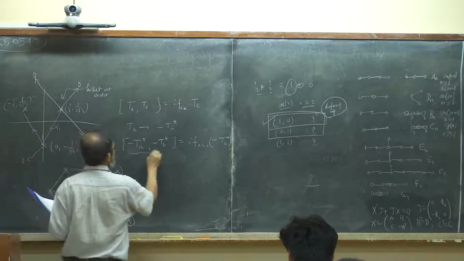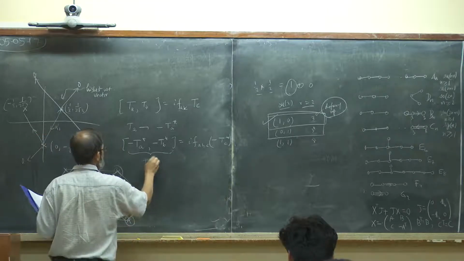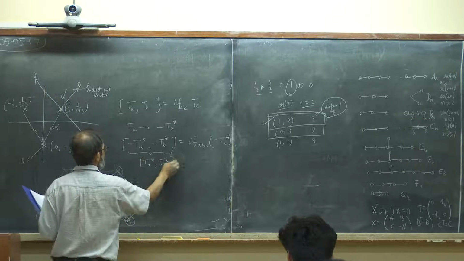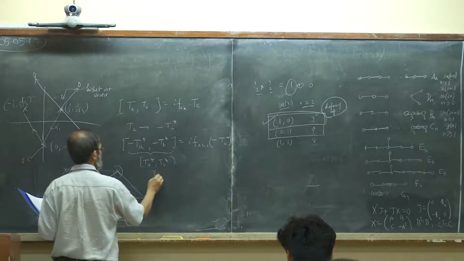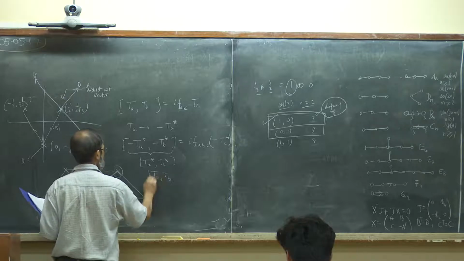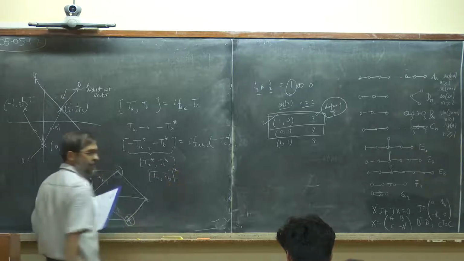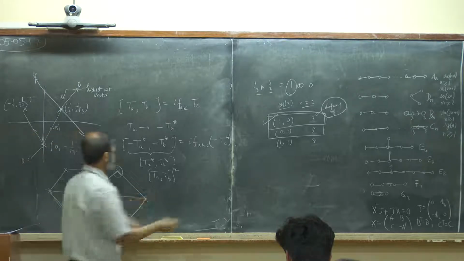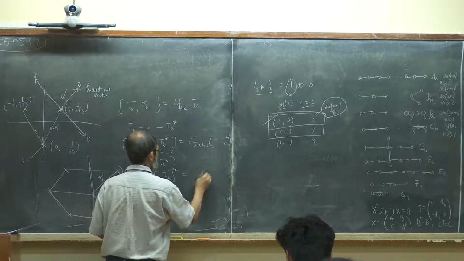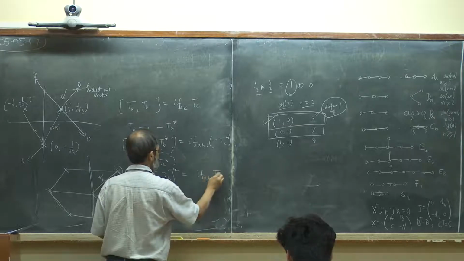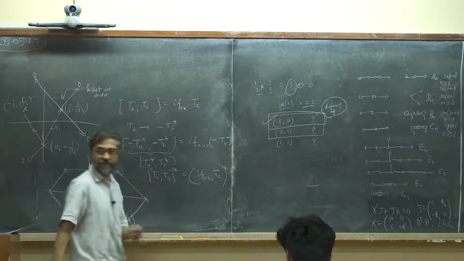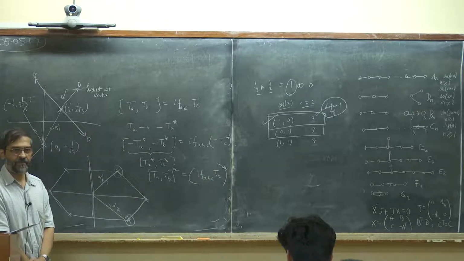That's clear. Why? Because this is TA star, TB star, which is the same as TA, TB whole thing star. And that is nothing but i f^{ABC} TC star, and that's the same as that.